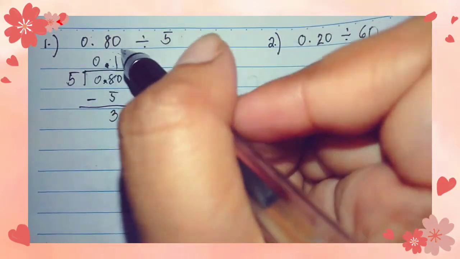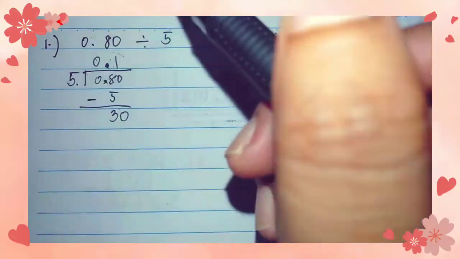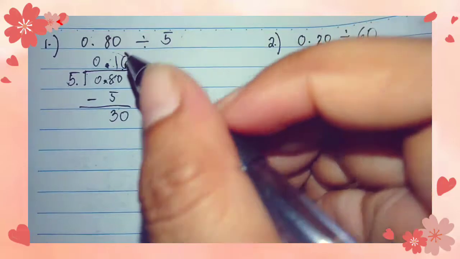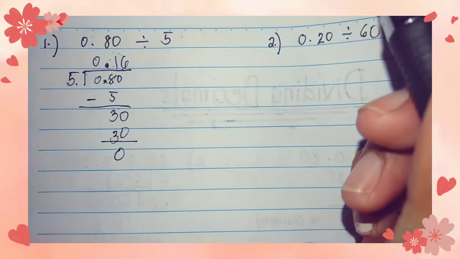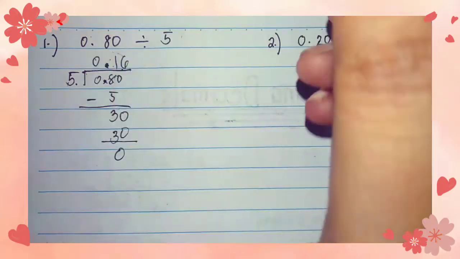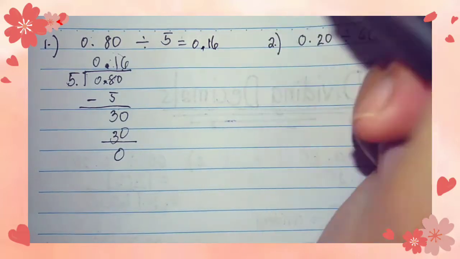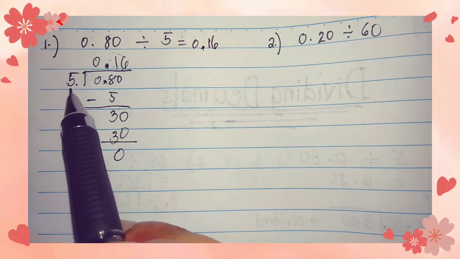Ito yung ating quotient. Okay? So, we have 30 divided by 5 is equal to 6. Right? So, 6 times 5 is equal to 30. And then, yan. There we have it. We have 0.80 divided by 5 is equal to 0.16. Ganun lang kasimple ang pagdi-divide ng decimal to whole number.